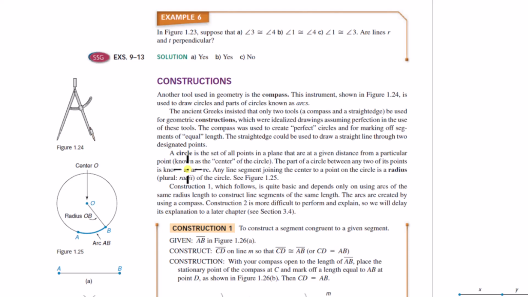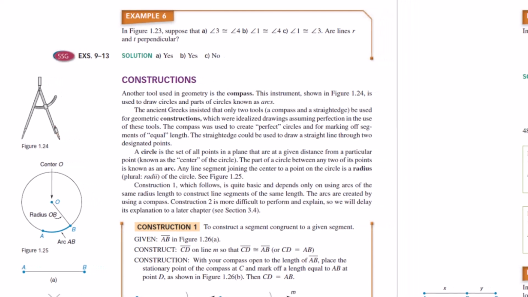The circle is the set of all points that are the same distance from this special point called the center point. So that's a good trivia question for somebody: is the center of a circle part of the circle? Technically, no, because a circle is a set of points. So the circle is those points, and all those points are an equal distance from the center point.